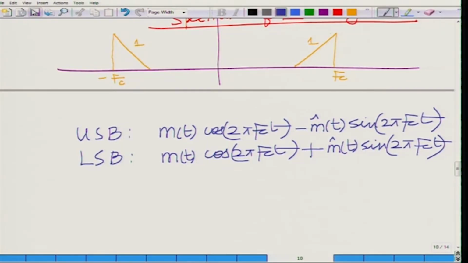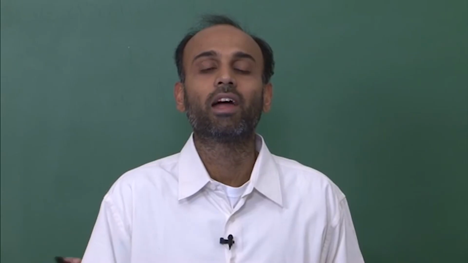Since this employs the phase shifter, that is a Hilbert transformer, to generate m hat of t, this is the phase shifting method to generate a single sideband modulated signal.